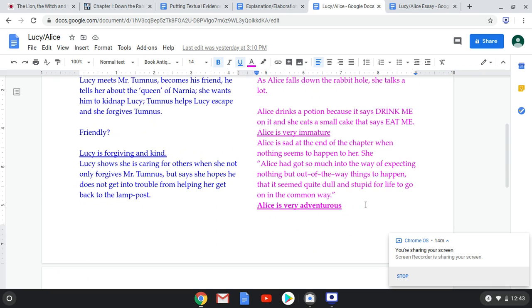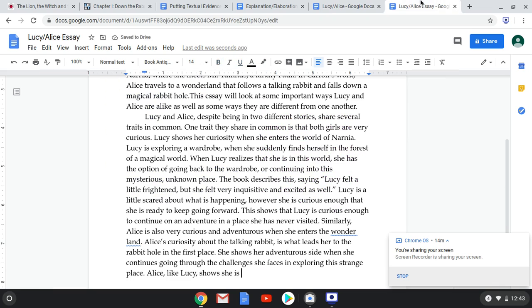Alice had got so much into the way of expecting nothing but out of the way things to happen that it seemed quite dull and stupid for life to go on in the common way. Okay, so we're showing that she's adventurous here. Alice, like Lucy, shows she considers adventure to be very important.